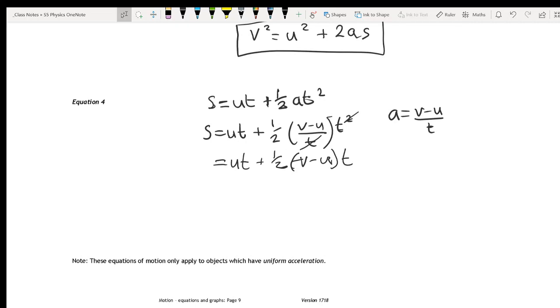Now if we take t out, we've got u from the ut plus half v, because if you expanded that bracket it would be half vt minus half ut. So minus half u. Simplifying that, u minus a half u is half u.